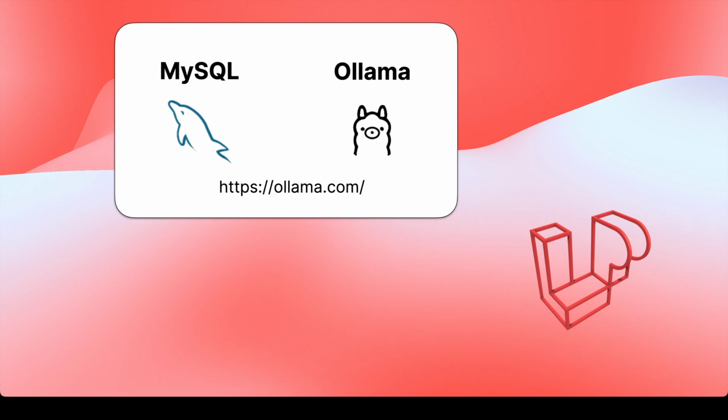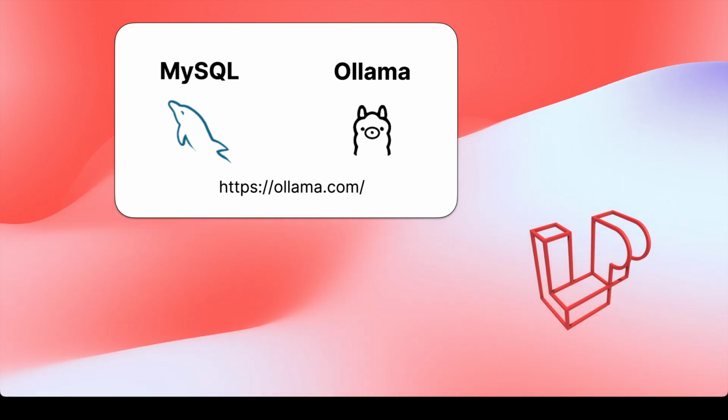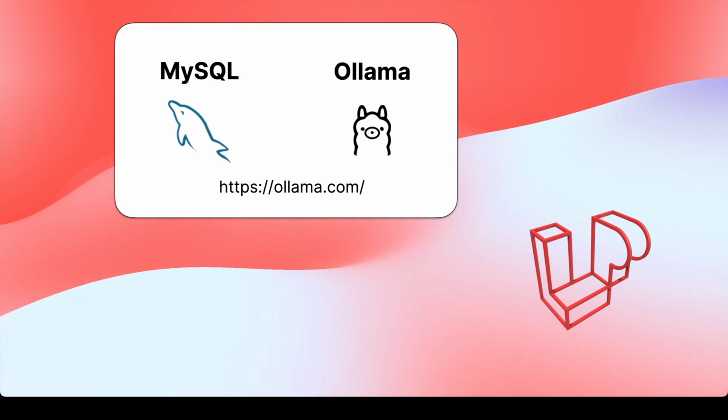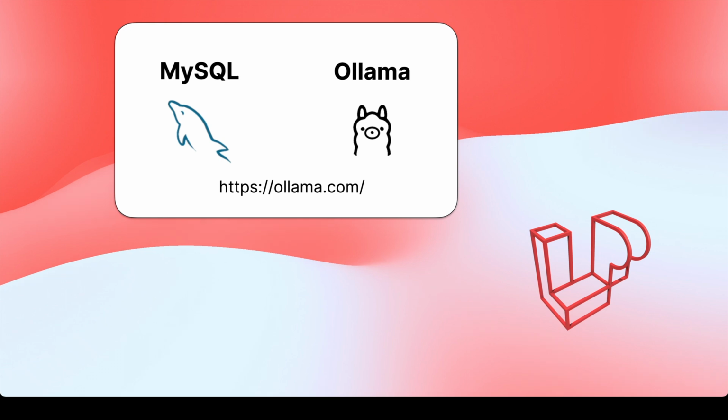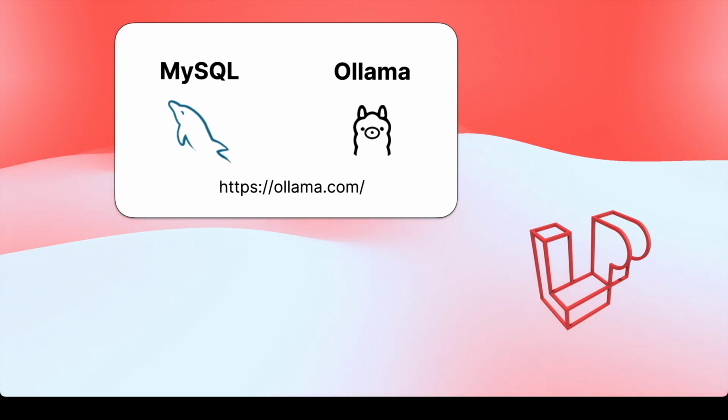It's a lightweight open source application that you can download onto your machine. You can get it at Ollama.com. We're going to download it, download a model, and do the basic functionality on the command line. And then we're going to access it through a Laravel application.